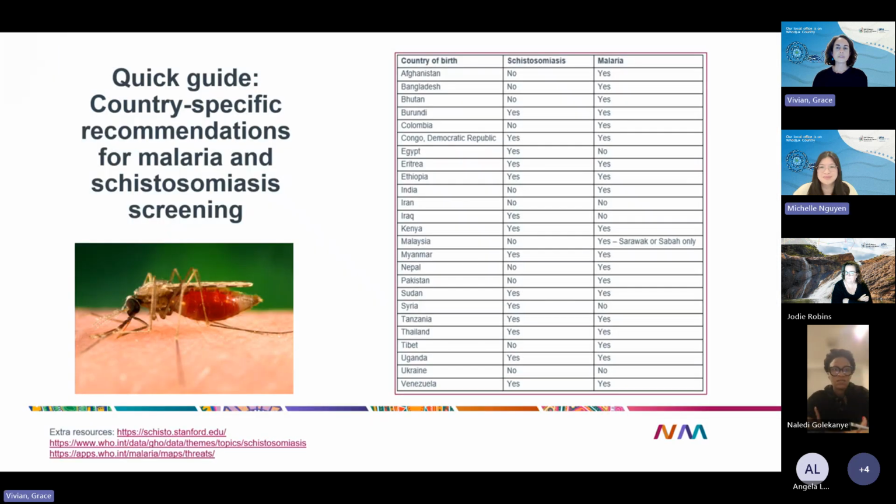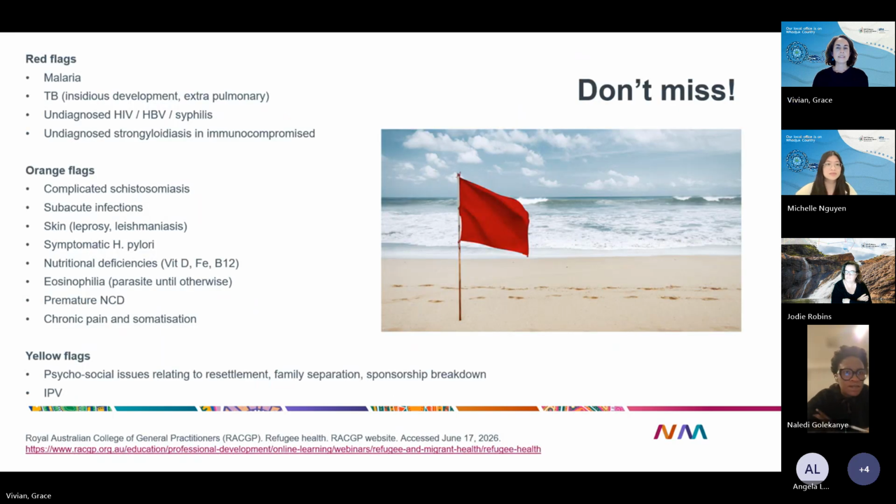I'll move on to this, thanks Michelle, to this cheat sheet, which can tell you, based upon the common countries of origin that we see patients from, whether or not they need to be tested for schistosomiasis or malaria. And these are our red flags.